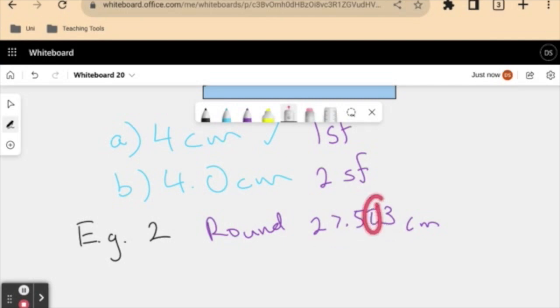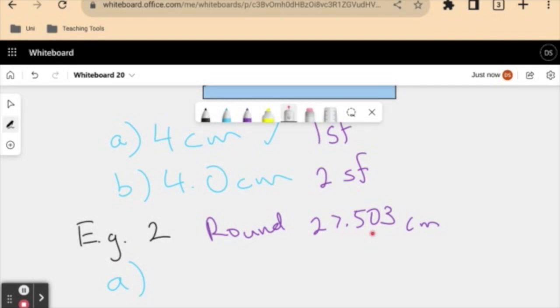Because the 0 here is important. It tells us a more exact thing about our measurement. But rounding this to 4 significant figures, well, this one's significant, this one's significant, this one is, and so is our 0 here, because that's the level of accuracy that we've laid out.